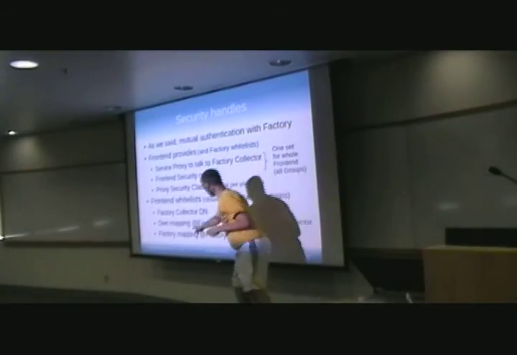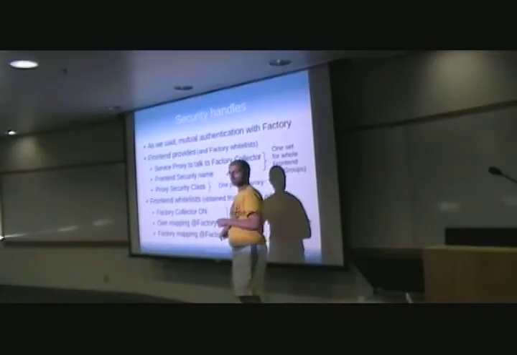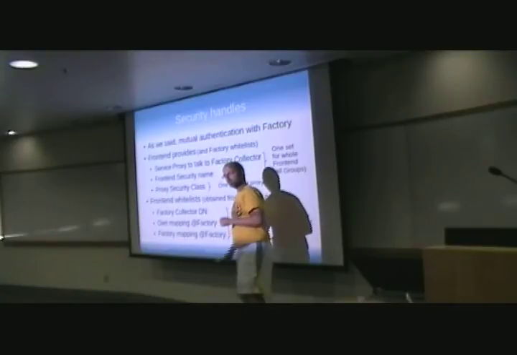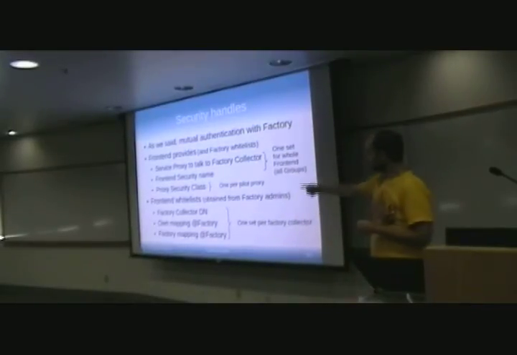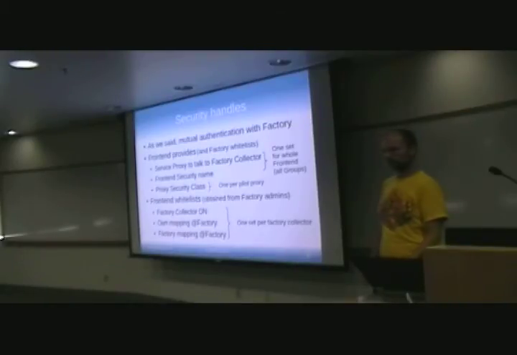And then you need the factory mapping at the factory, and this is the authenticated identity that we talked about that makes delegating the proxy in an encrypted class actually secure. So these are all things that you need to have set up and agreed on with the factory admins, or nothing will work.